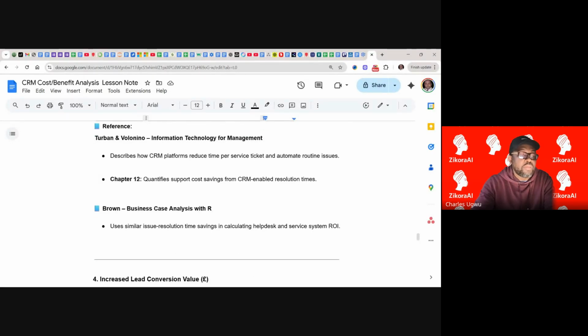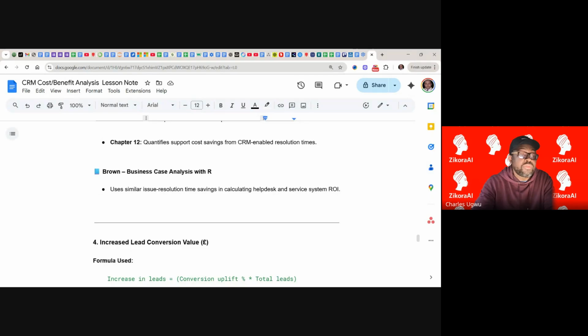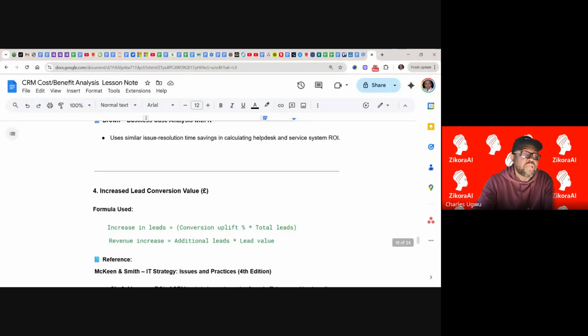Then here equally, Brown, Business Case Analysis with R, captures this as well, using similar issue resolution time savings in calculating help desk and service system return on investment. And then number 4, increased lead conversion value.